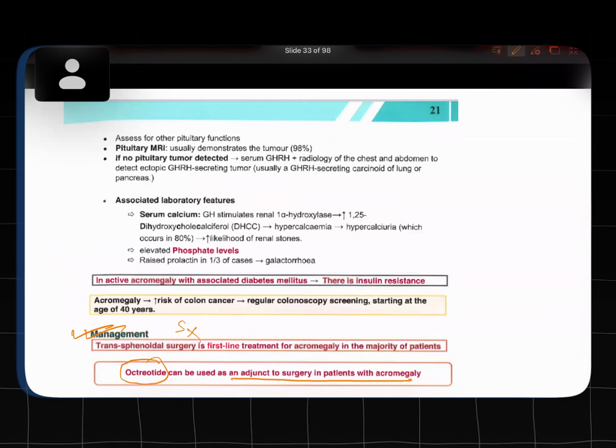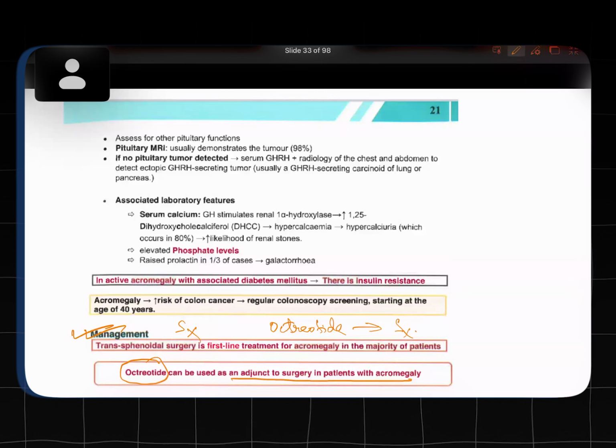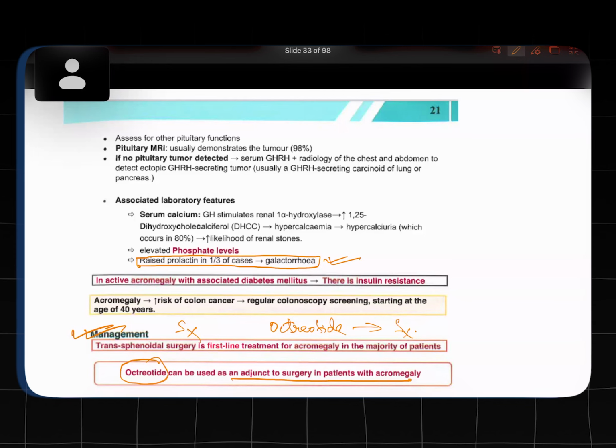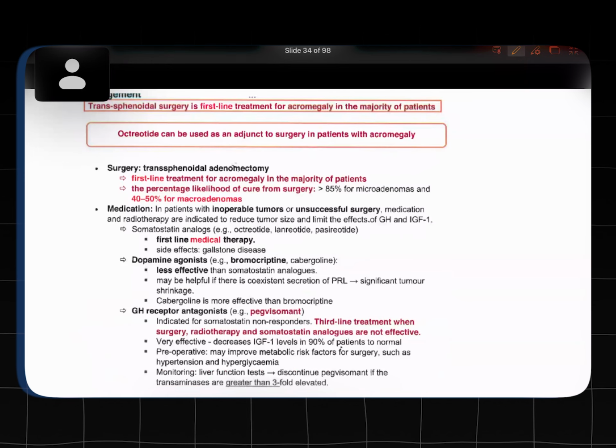Initially, you have to start the octreotide because surgery will take some time. Ultimately, you have to go for surgery also. In 1/3 of cases, there is raised prolactin. This has also come in an exam, so I'm just telling it here.